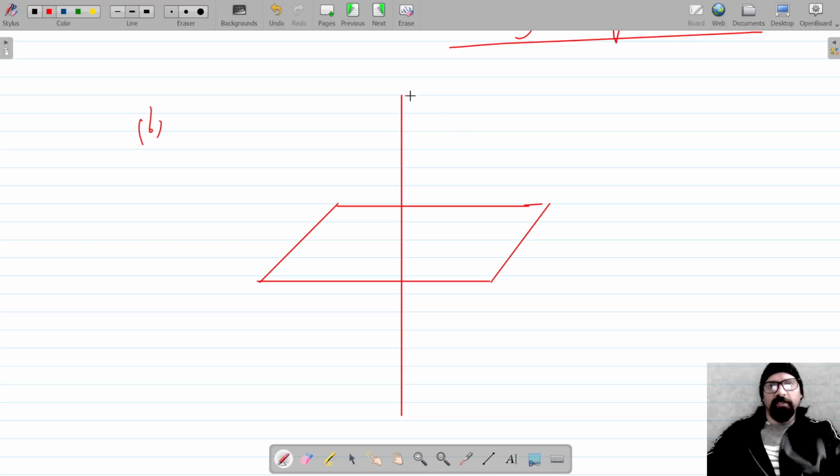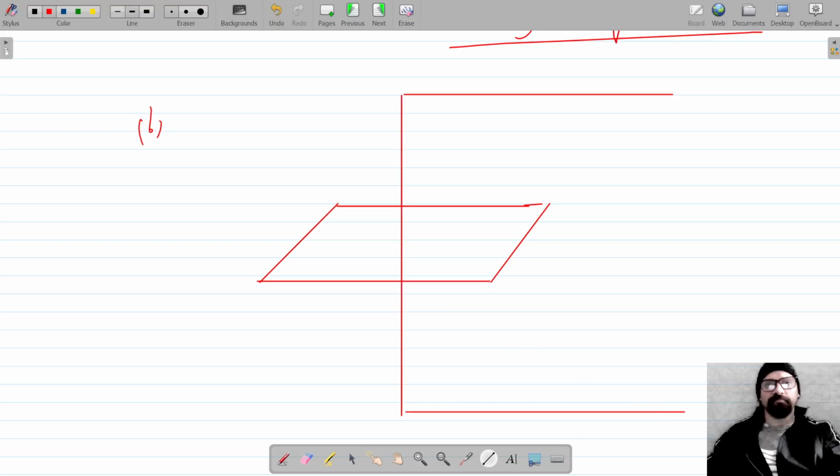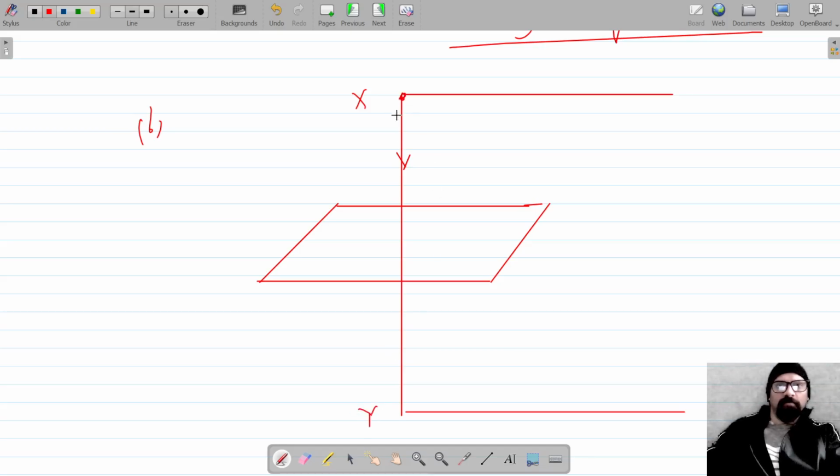Now the straight current carrying conductor is connected to the battery. Let this be the direction of the current. This is the conductor XY, and this is connected to a battery. Let there be an ammeter connected here.